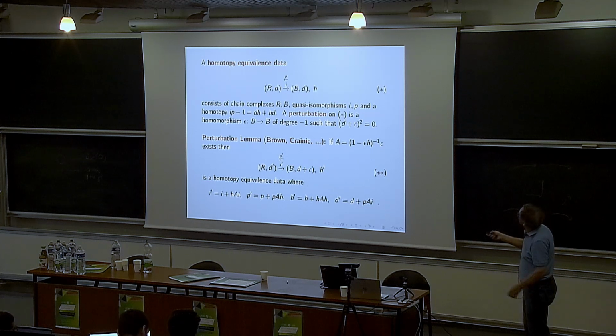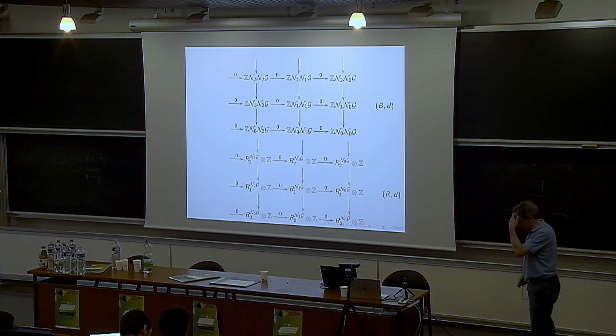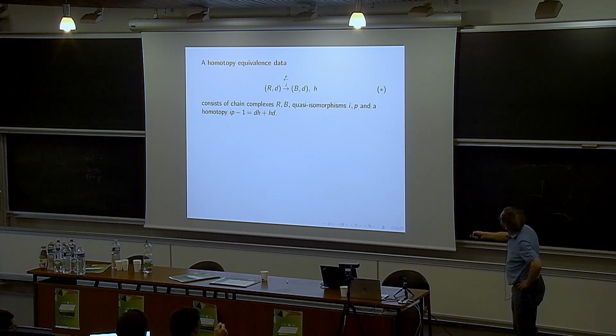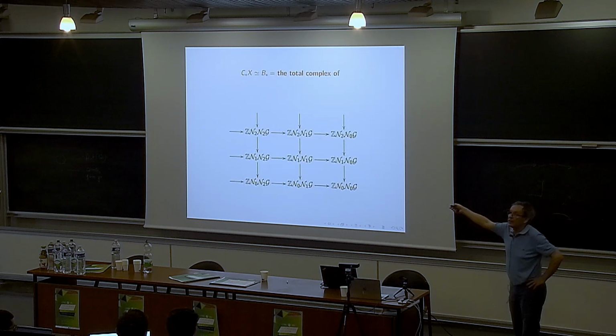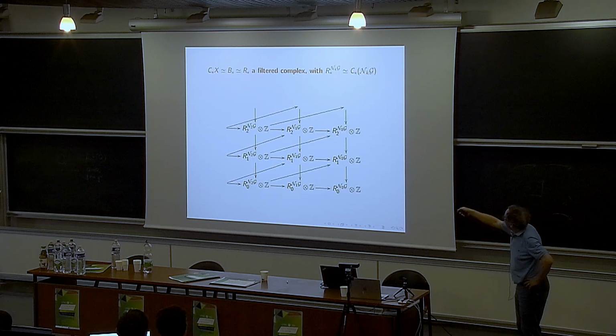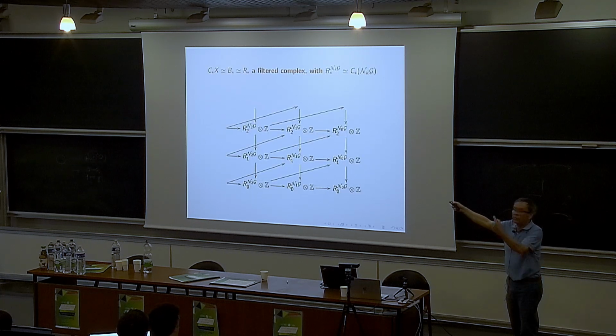For the last slide, let's look at what's happening in the case in question. We want to calculate the homology of the total complex of that. So the game is you perturb and you end up with this, but what are the differentials? You have to construct the differentials.